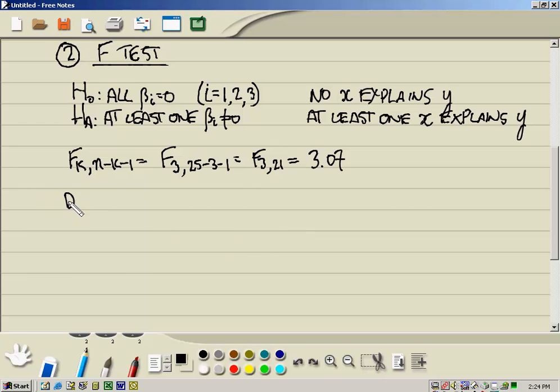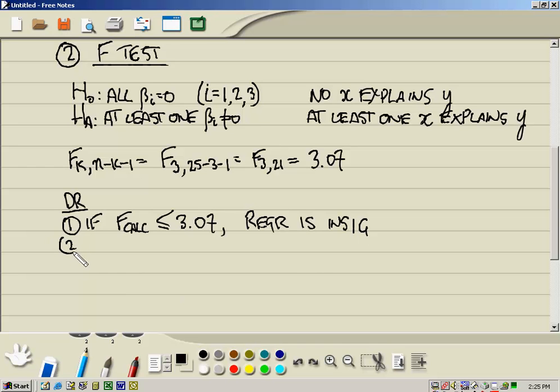Okay, so the decision rule: if F-calc is less than or equal to the critical value of 3.07, we'll say simply that the regression is insignificant. It means that the explanations given by the variables in the sample are nothing better than random numbers could provide.